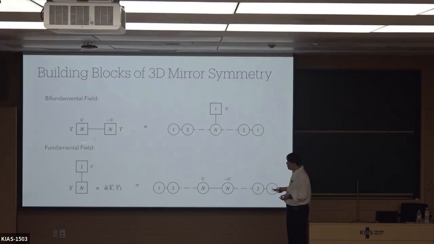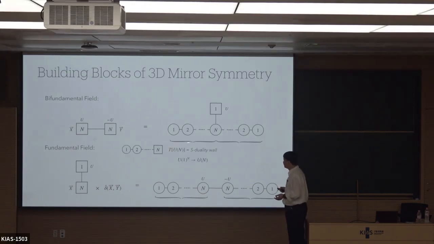So this is a free bifundamental, and this is an interacting gauge theory. You might wonder: on the left-hand side we have two U(N) global symmetries, but on the right-hand side we don't. The origin of this U(N) global symmetry on the right-hand side is the following fact. If you look at this theory carefully, you can notice that this part is nothing but something called the T[U(N)] theory, which is defined in this way.